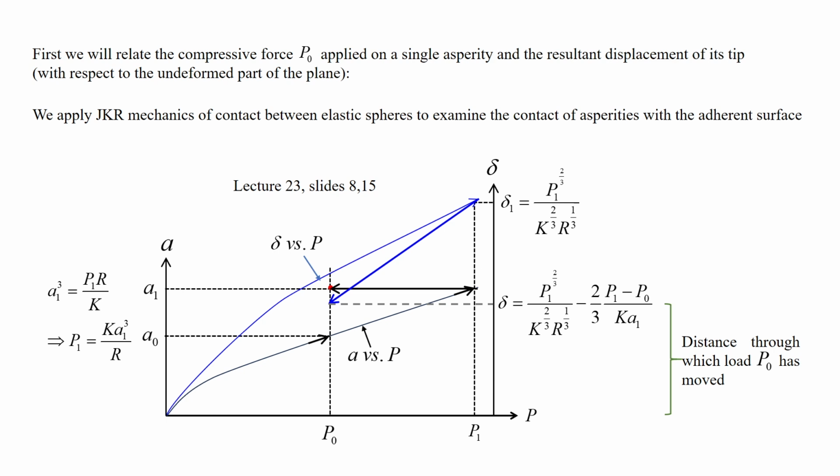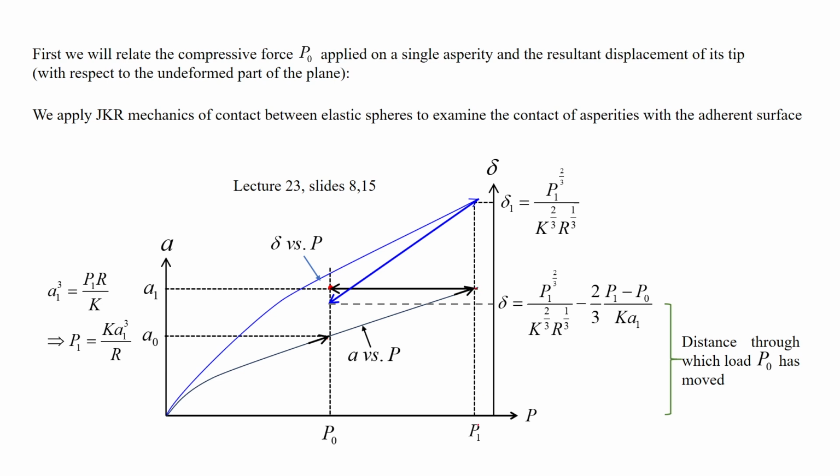In lecture 23, I was saying that we derived this expression. Let us say that we apply this P0 amount of load, and if it is only Hertz contact, then the contact radius will be up to A0. However, it is not only Hertz contact, there is also adhesion between them, and we took care of that, if you remember, by considering that a fictitious load P1 is applied, so the contact width now goes to A1.